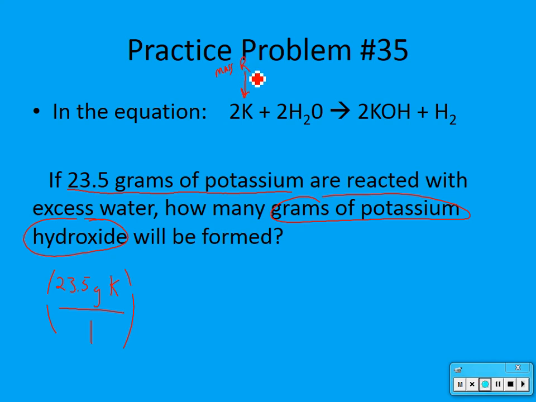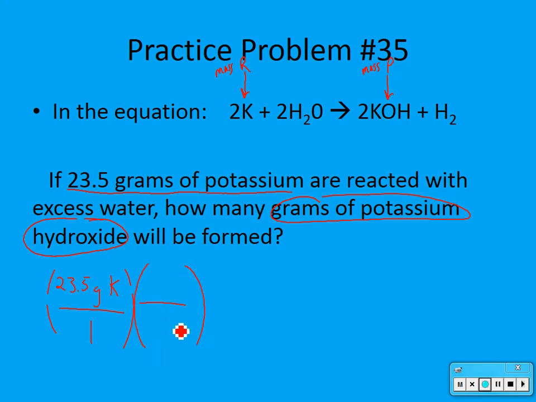And we are going to go to grams of potassium hydroxide. Potassium hydroxide is right here, so we're going to go to mass of a product. So we're going to go all the way across the roadmap, from the bottom left to the bottom right. So now that we have it mapped out, let's continue on.